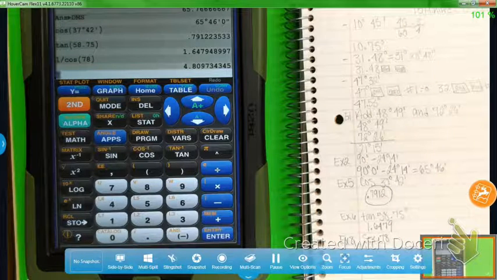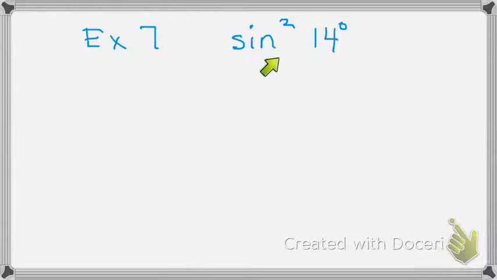Next example. We're going a little bit backwards here. We're going to do example 7, which says to find the sine squared of 14 degrees. Now remember, this notation is shortcut notation so that when you write it on your paper, you don't have to put parentheses every time.